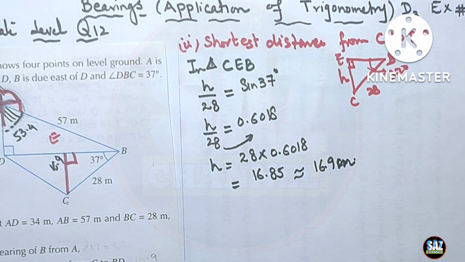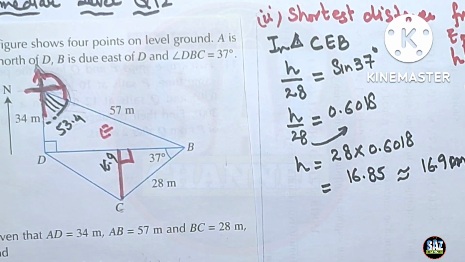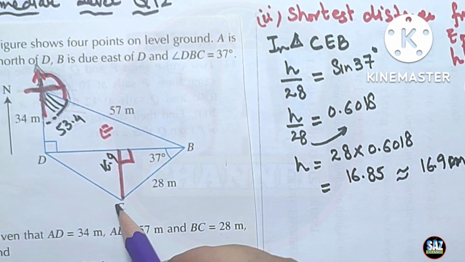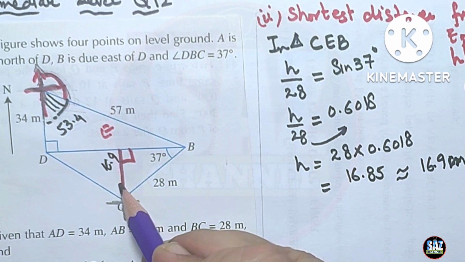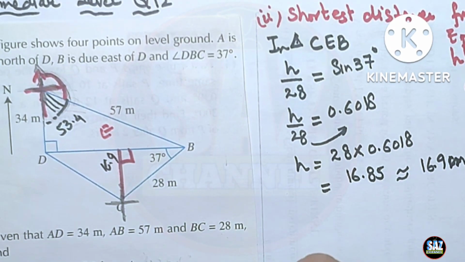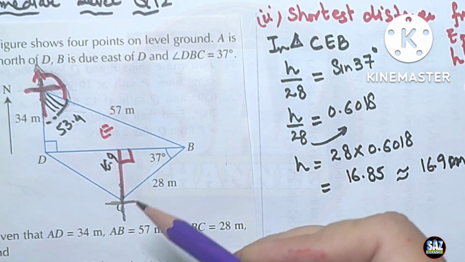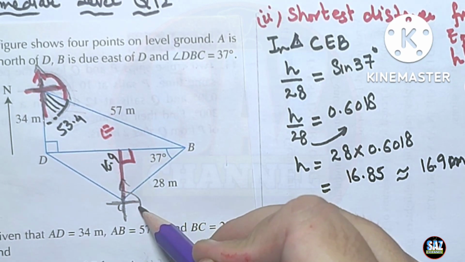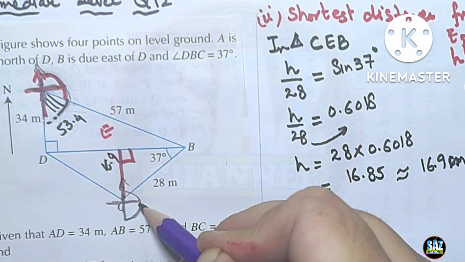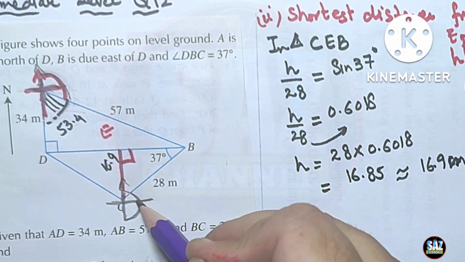And now it's time for the third part, the bearing of D from C. Let's try to understand the question: I have to start the movement from the letter which is coming after the word from. At C, I have to make the north and start the movement. If I'm taking this turn, it's really clear, this is a 180 degree turn.